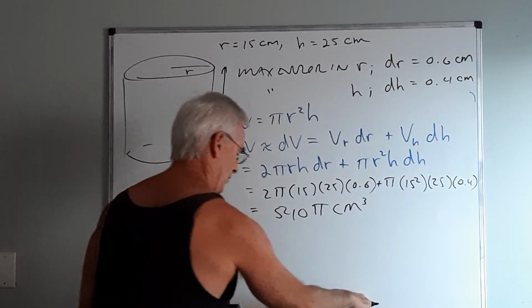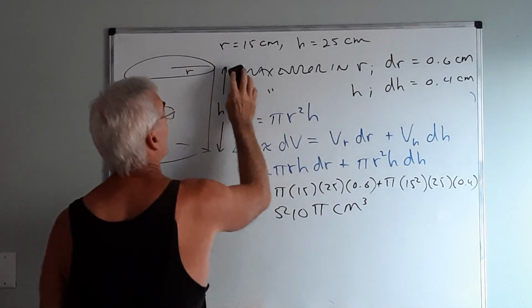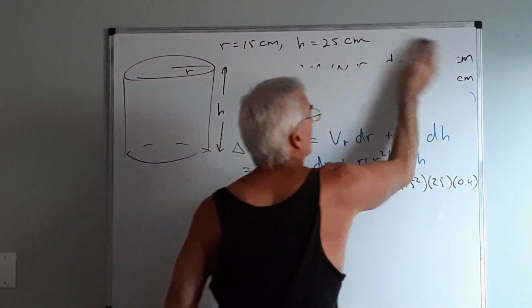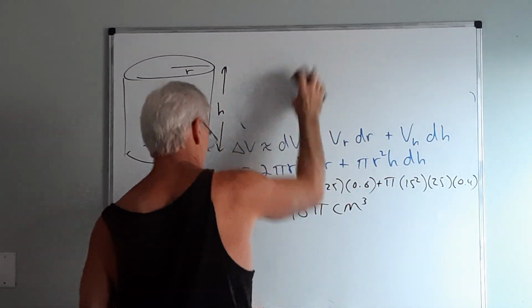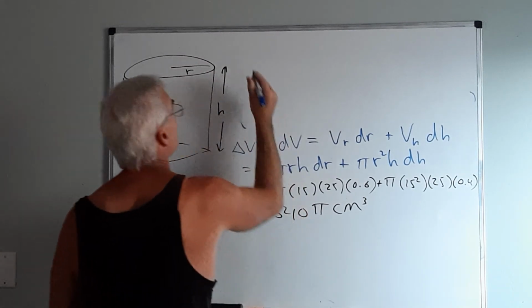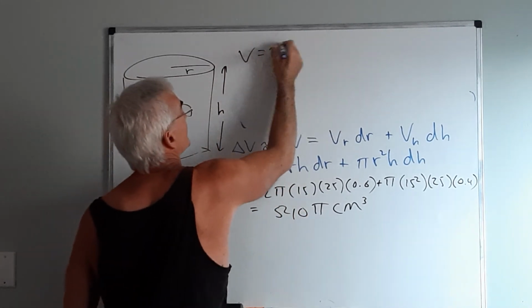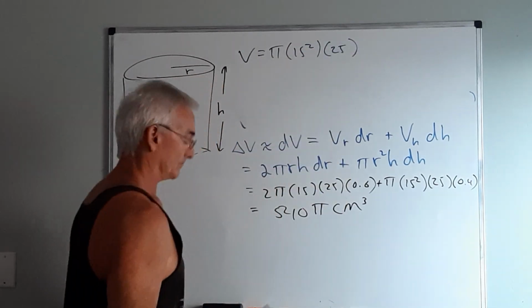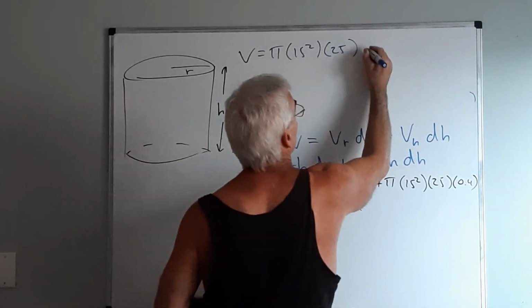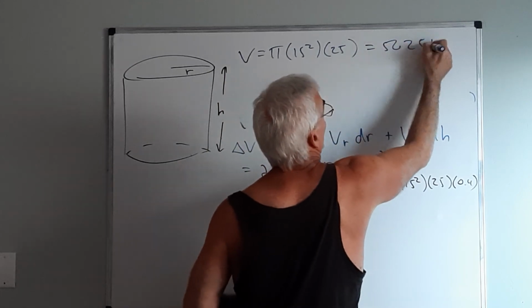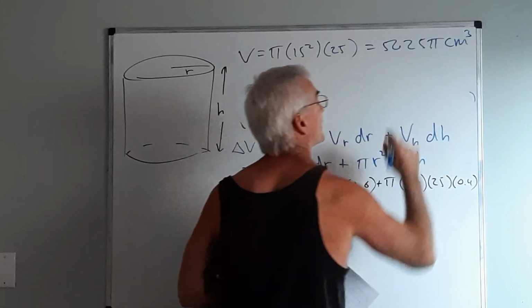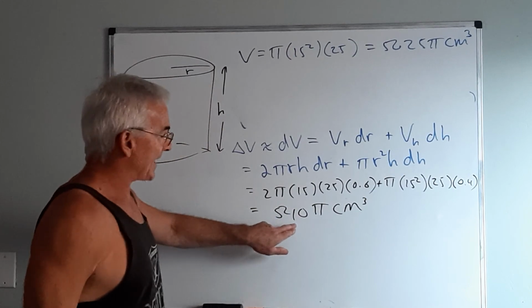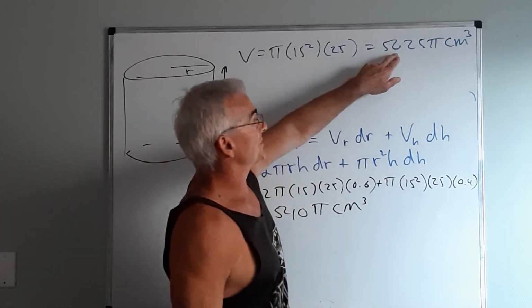So now the supposed volume here, I'll go ahead and erase the stuff at the top. The volume I'm supposed to get was pi r squared h, which is exactly 5,625 pi cubic centimeters. So this is our maximum error. This is what it's supposed to be.